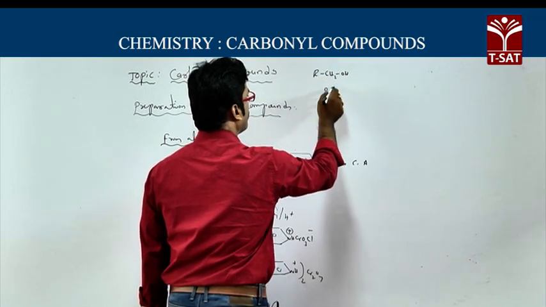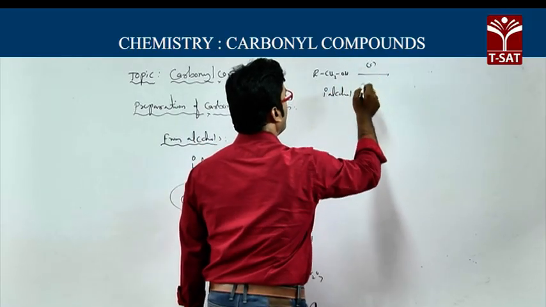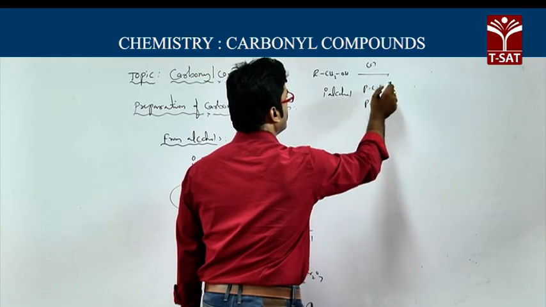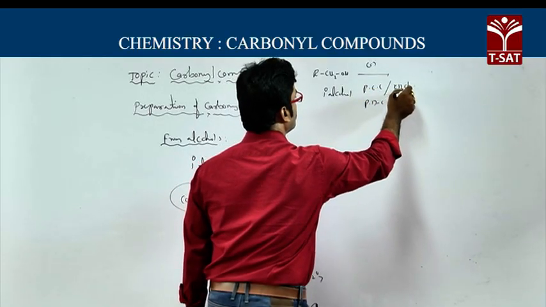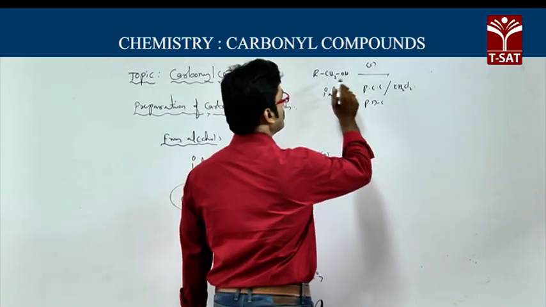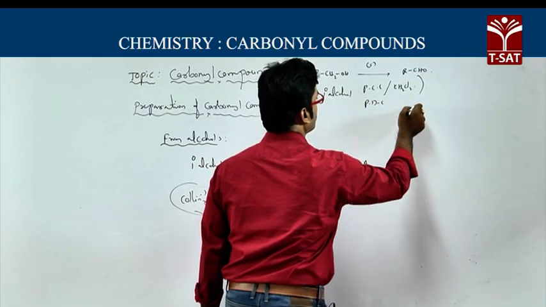Primary alcohols are CH2OH. This is a primary alcohol. Primary alcohols on oxidation in the presence of PCC or PDC, and solvent CH2Cl2, in the presence of CH2Cl2 solvent, this group will be oxidized to CHO. This is nothing but aldehyde.